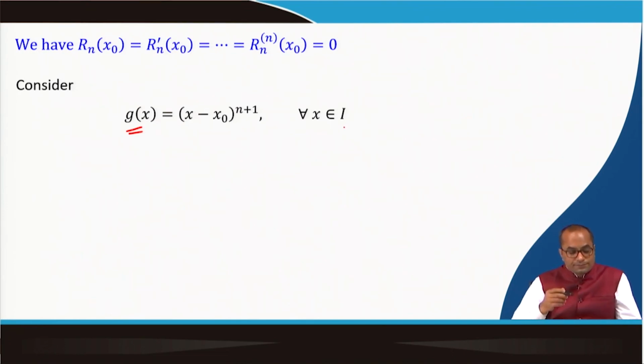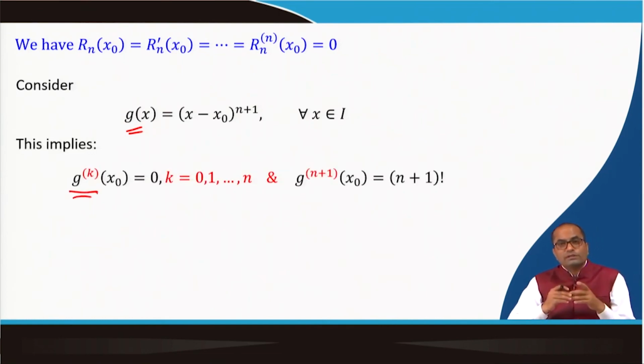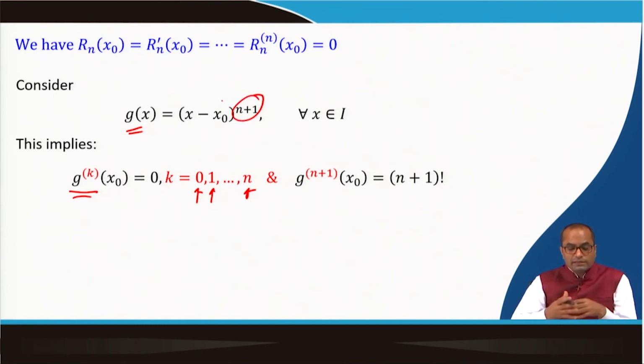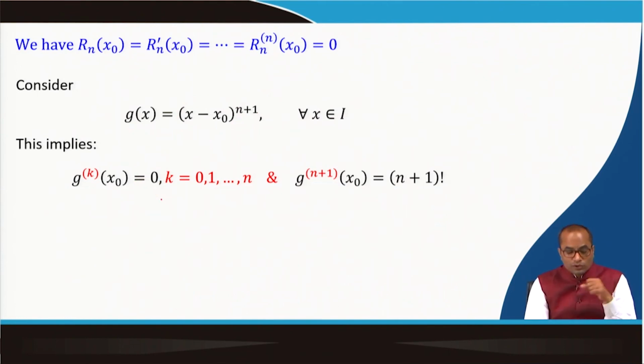If you observe closely, what is the property of g(x)? Here also at x naught the function value is 0, the first order derivative, second order derivative, in fact up to the nth order derivative will vanish, because there will always be a term x minus x naught in all these derivatives, and the n plus 1th derivative will be just the factorial of n plus 1. All other derivatives will be 0.